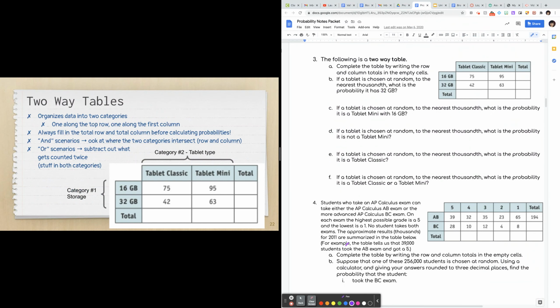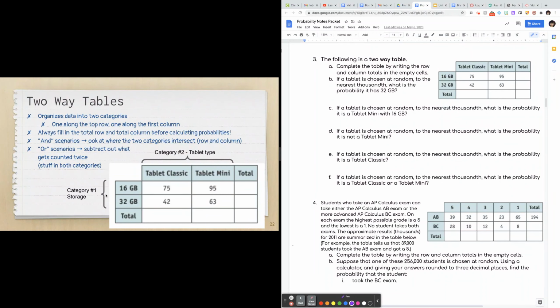Alrighty, folks. So let's talk a little bit about two-way tables. Two-way tables are a way for us to organize data into two different categories. So there's always one category on the top and one category on the side. So in this example, we're talking about different types of tablets, like iPads.